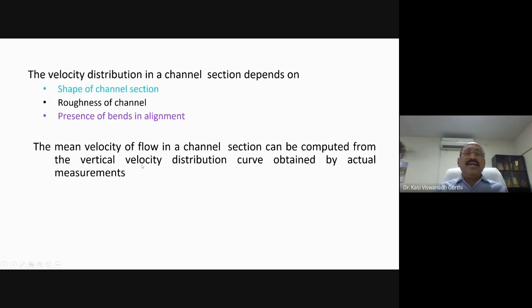How do you get the actual measurement of the velocity? With the help of a device known as Pitot tube. A Pitot tube is a simple glass tube bent at right angles. One end of this Pitot tube is open to the atmosphere, and the other end of the tube is placed at a point where the velocity is required to be measured.